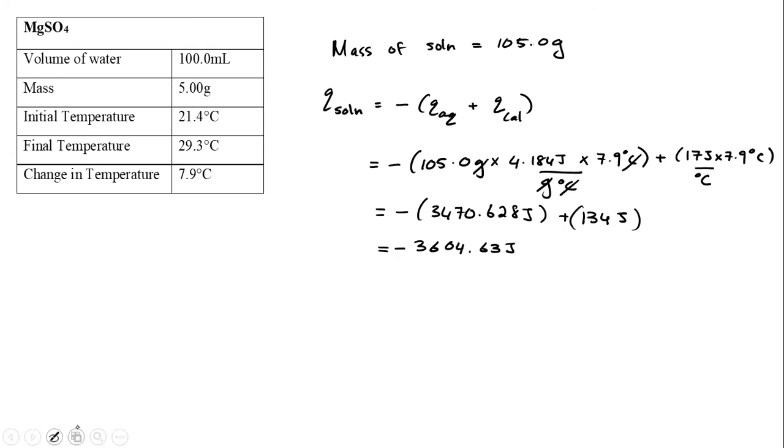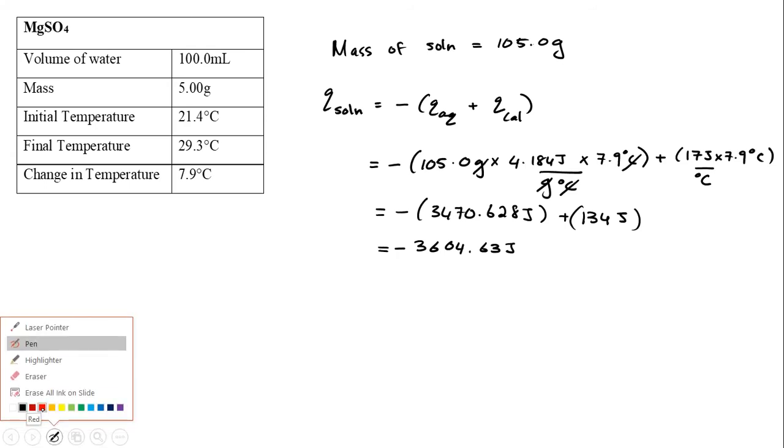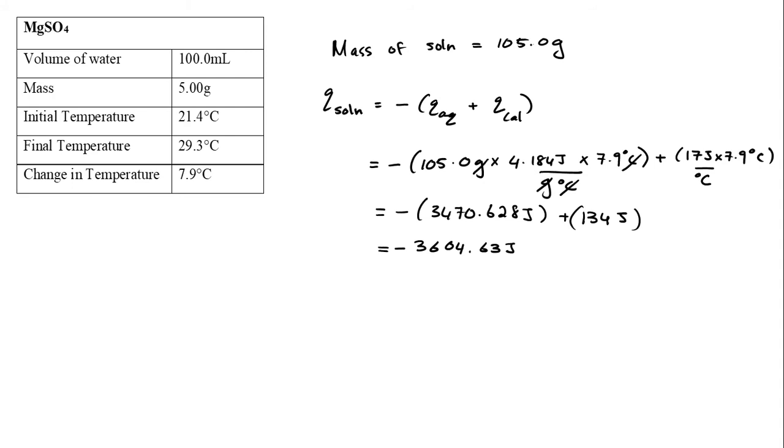Now we have to figure out what molar enthalpy of solution is. Molar enthalpy of solution or molar heat of solution is basically per mole how much energy is released. So we're using 5 grams of magnesium sulfate, which means we have to convert the 5 grams of magnesium sulfate to moles of magnesium sulfate. So that'll be 120.39 grams of magnesium sulfate.